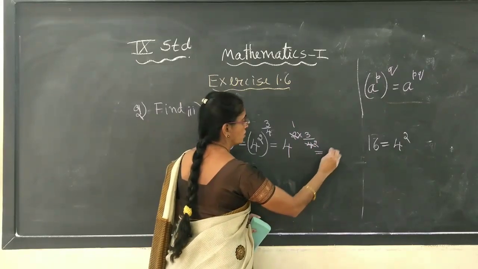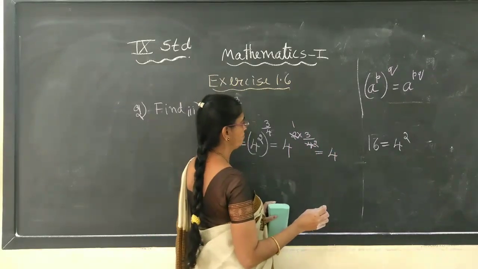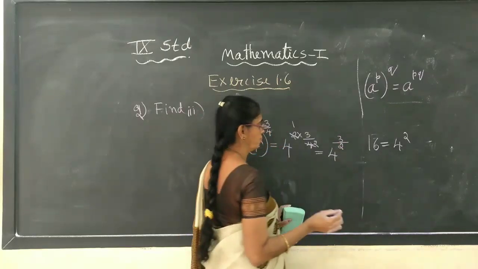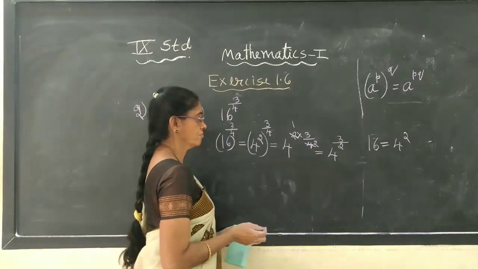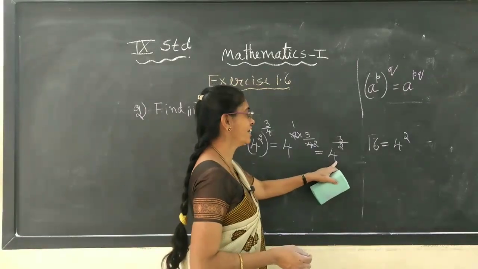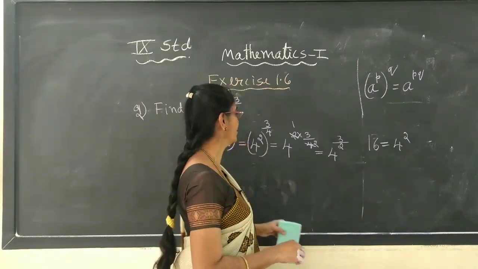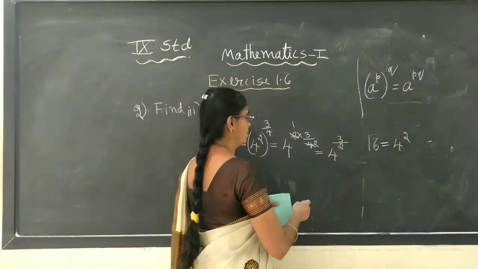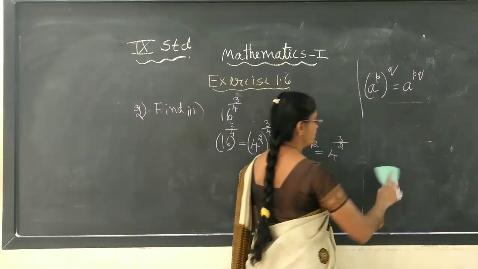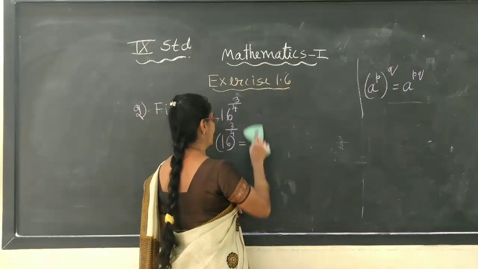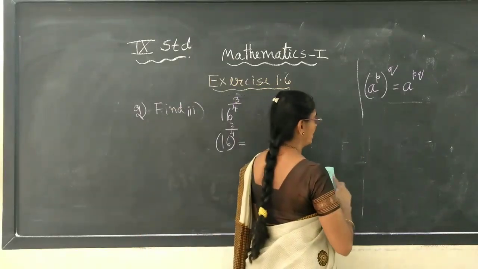So it is 4 to the power of 3 by 2, or still we can change it, we can write better. Instead of 4 to the power of 2, children, I will write it as 2 to the power of 2 table, it is better, easily we will do. This one is a little lengthy, sorry children, I will do it with 2 to the table, it is better.